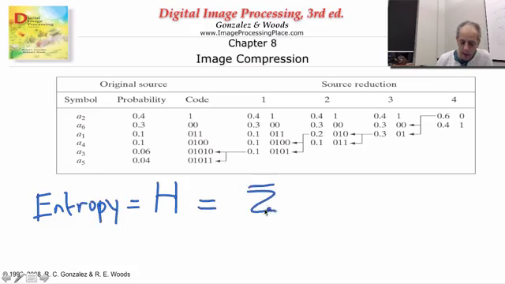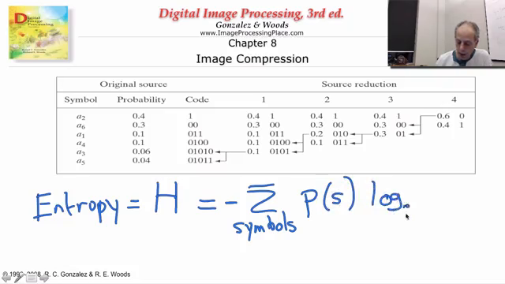is the sum over all the symbols, with a minus here, which I'm going to explain in a second, of the probability of every symbol times log base 2 of the probability of every symbol. So you sum 0.4 times log base 2 of 0.4 plus 0.3 times log base 2 of 0.3 and so on.